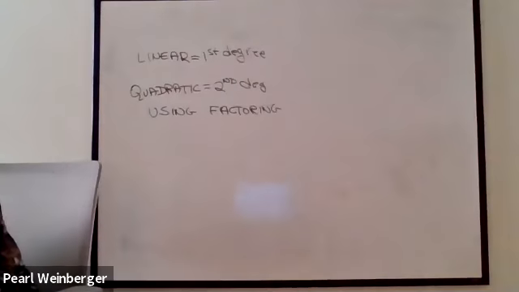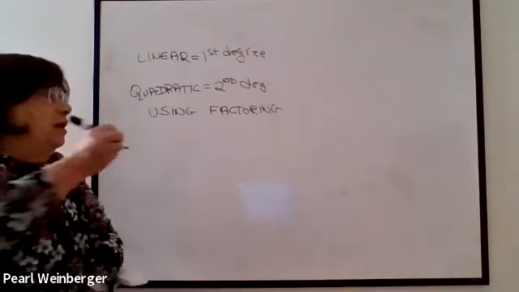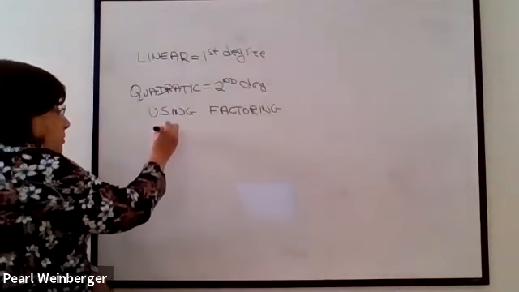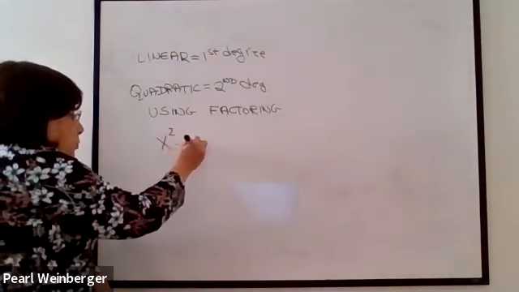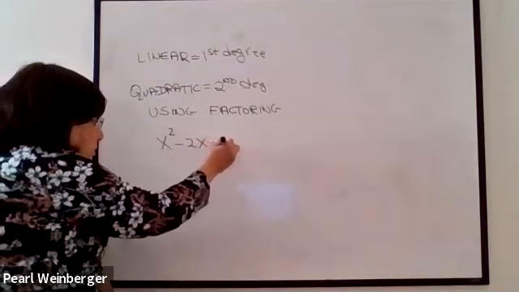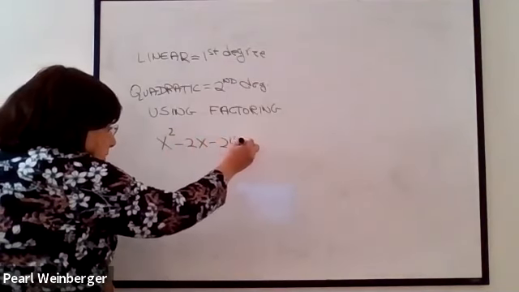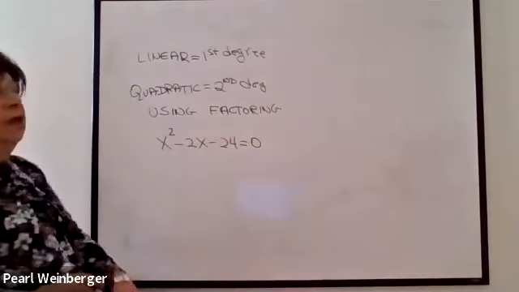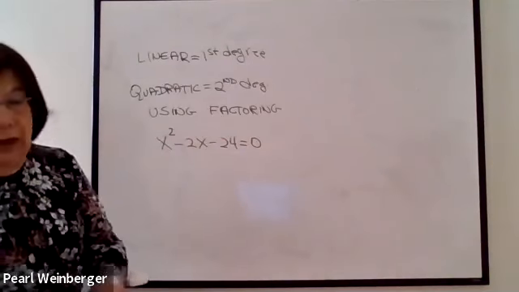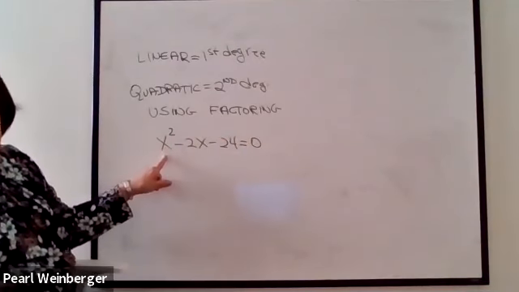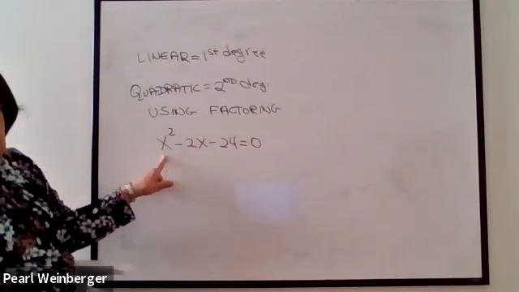I will take a quadratic equation. Let's say I have x squared minus 2x minus 24 equals 0. I know it's a quadratic equation simply because it's not just a plain x, there is an x squared.